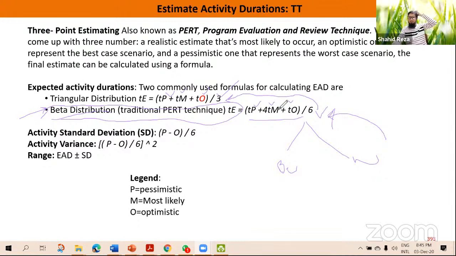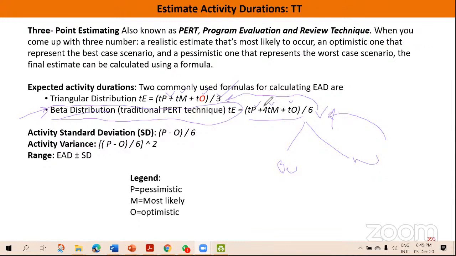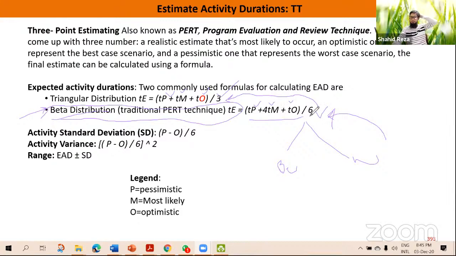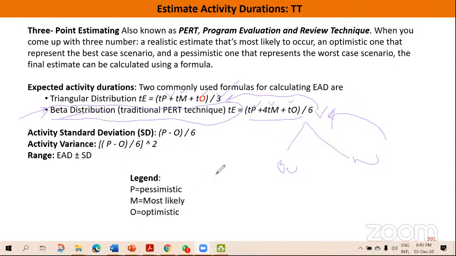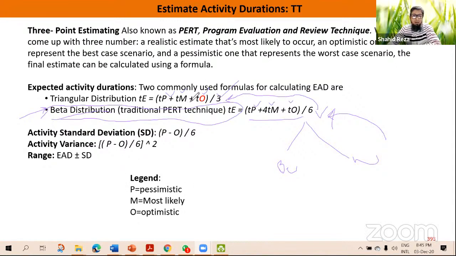So number of items at the top is 6. So that's why you are dividing by 6. And here actually item number is 3. That's why we are just calculating average. So we are dividing by 3. All right.